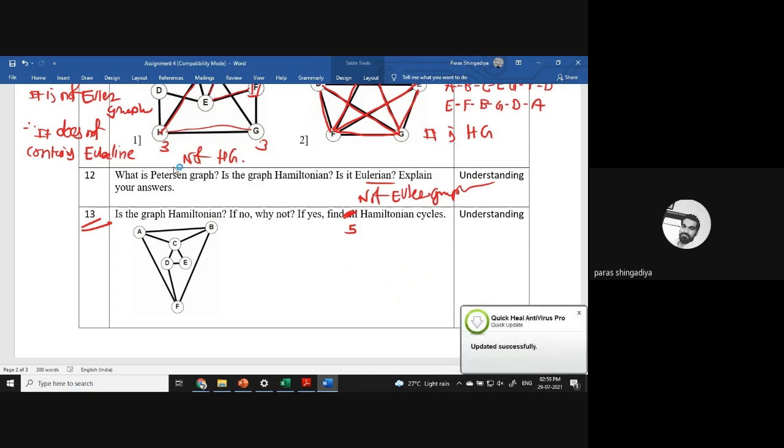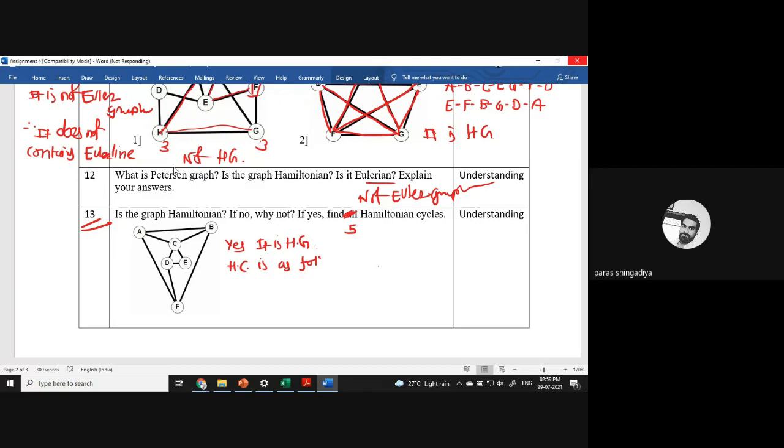So what is your conclusion? Is it Hamiltonian? Yes, this graph is a Hamiltonian graph. And the Hamiltonian cycles are as follows. You have to find 5 different Hamiltonian cycles.